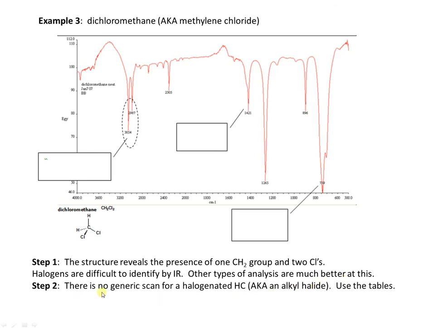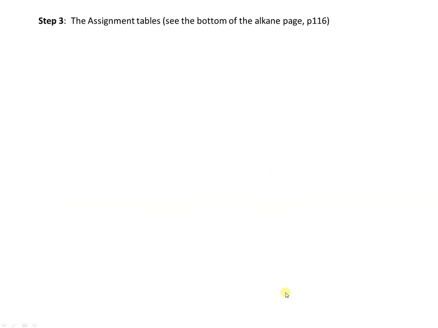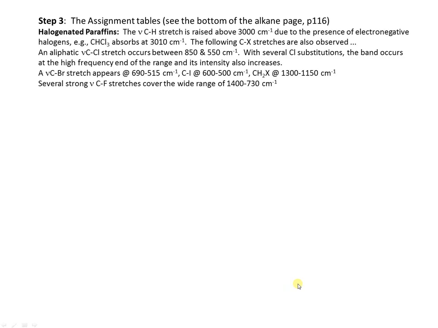Now, I have no generic scan in the notes for a halogenated hydrocarbon, aka an alkyl halide, so we're just going to use the tables for this. So here are the assignment tables, and all I have is this paragraph here written. It's right at the bottom of page 116, right below the alkanes.